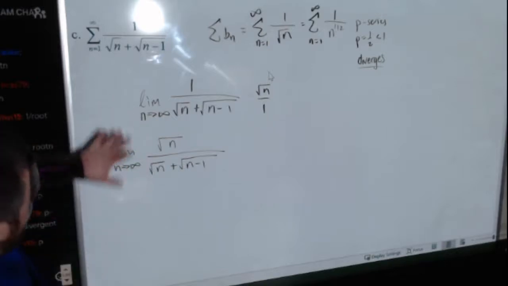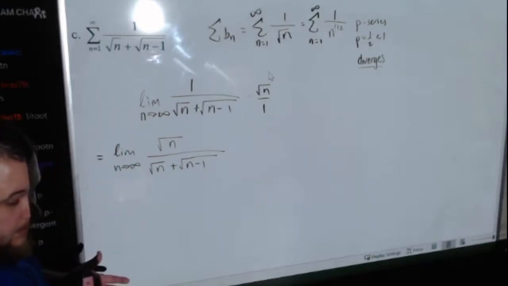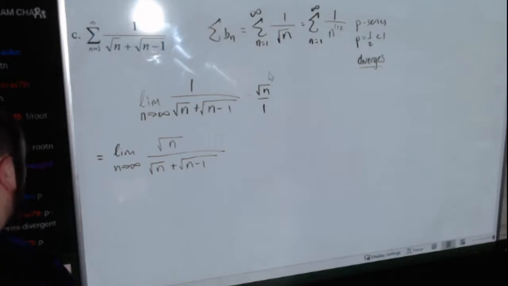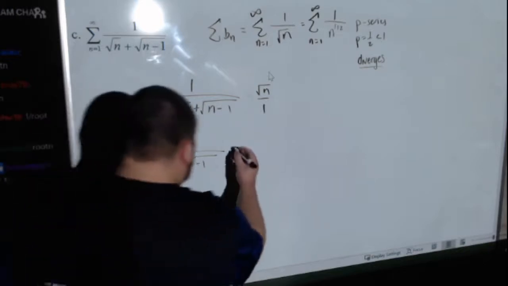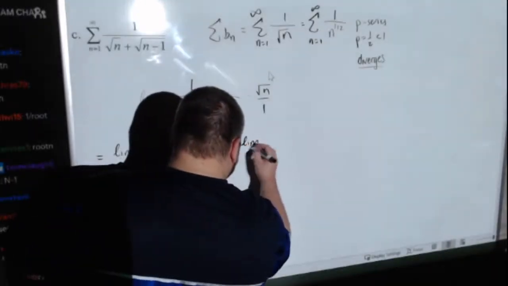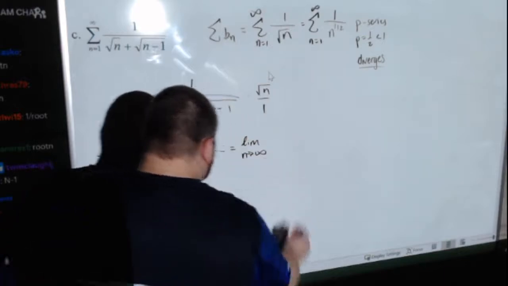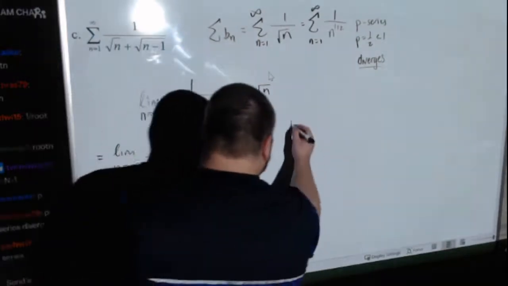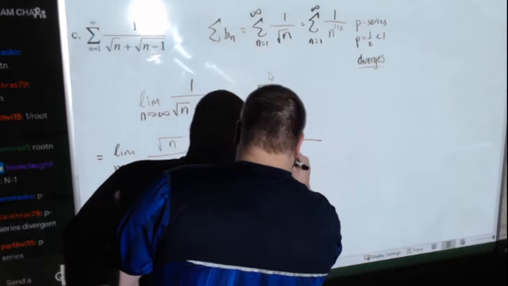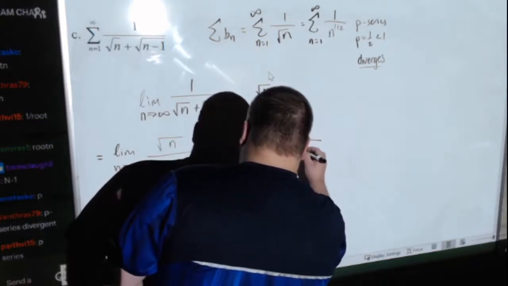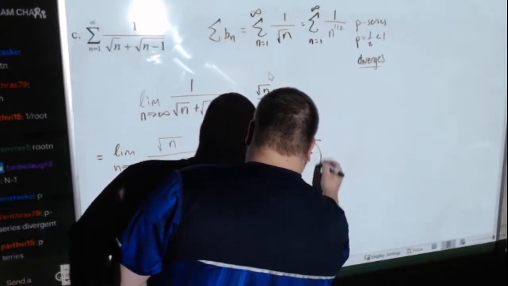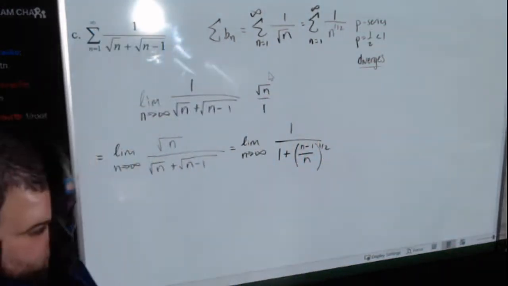So again, this is all n to the 1/2 power. So I'm going to divide every single term by square root of n. Which gives me that.